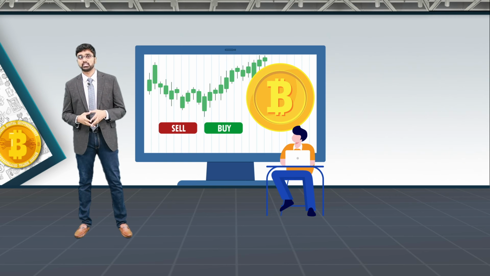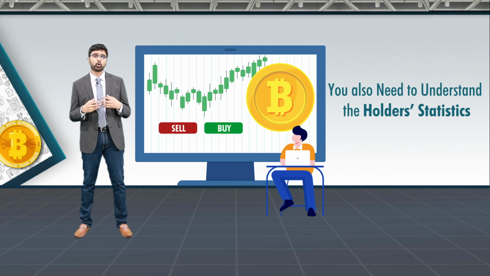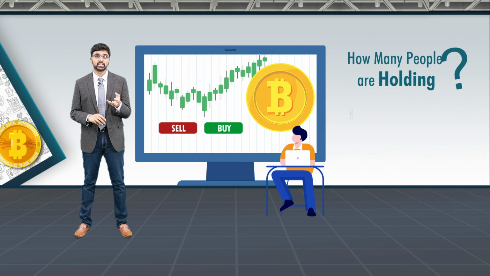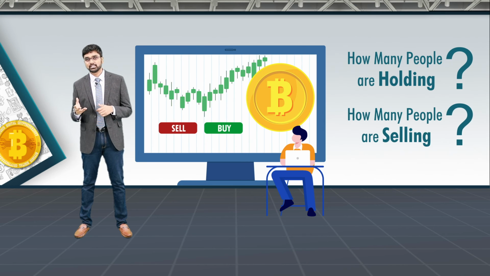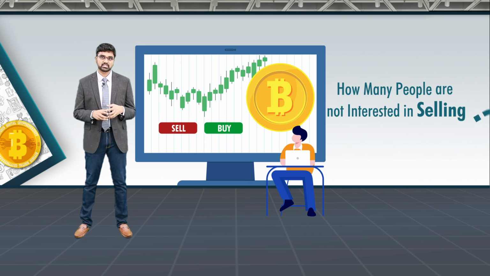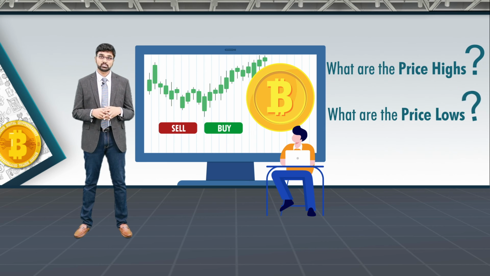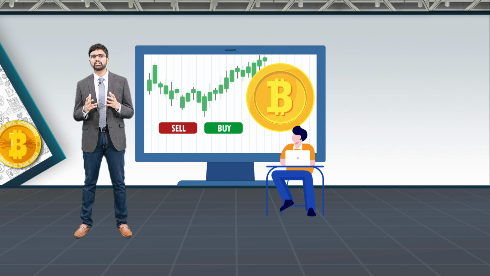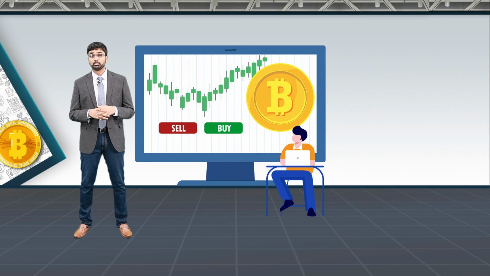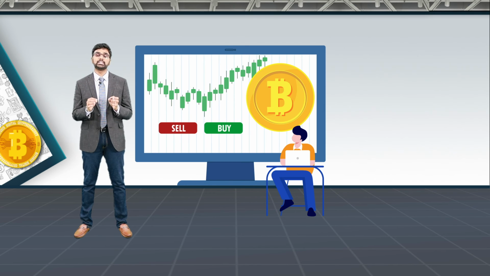What is this velocity? You also need to understand the holders' statistics. That is, how many people are holding, how many people are selling, how many people are not interested in selling, what are the price highs and what are the price lows. So there are a lot of quantitative factors that you can look at before you invest your actual money into it.